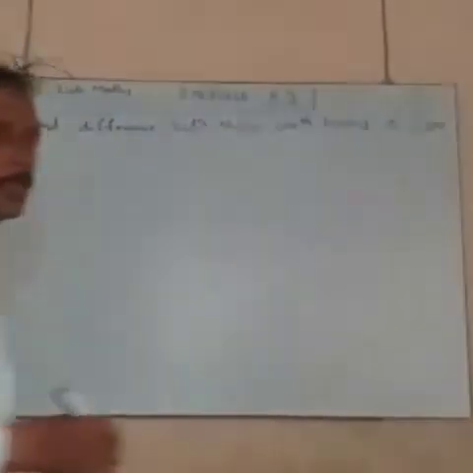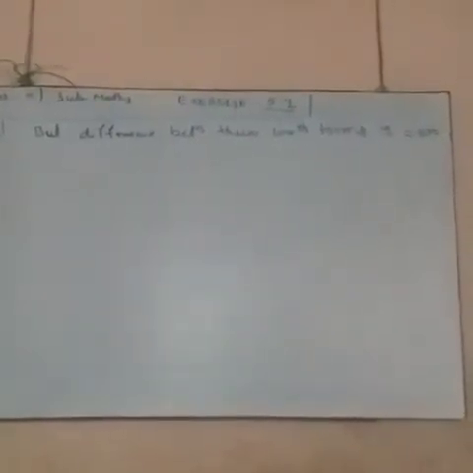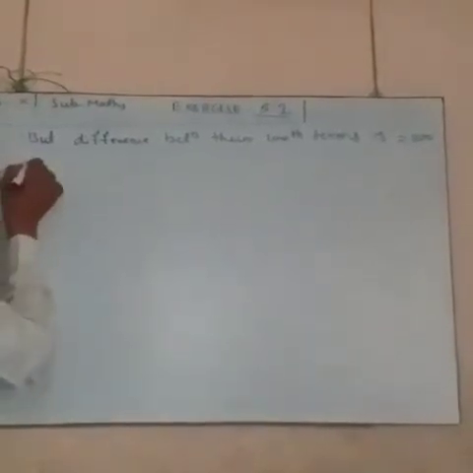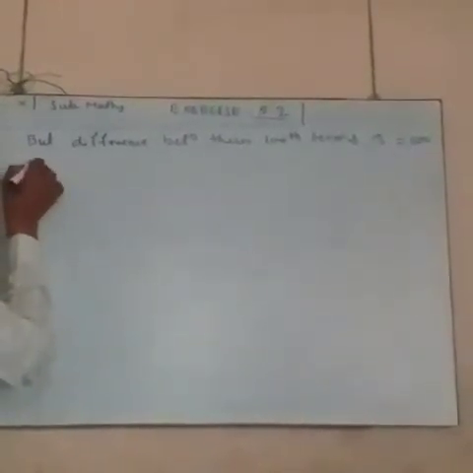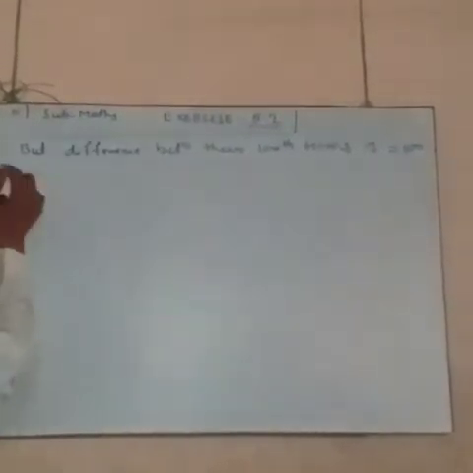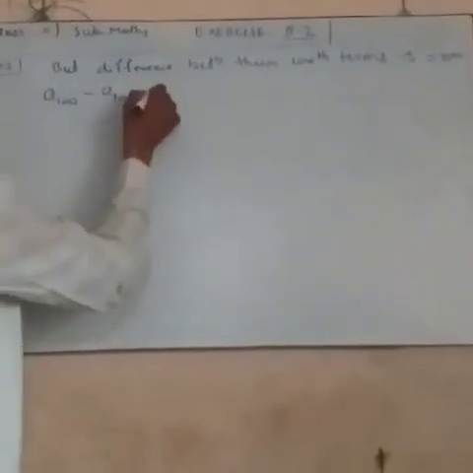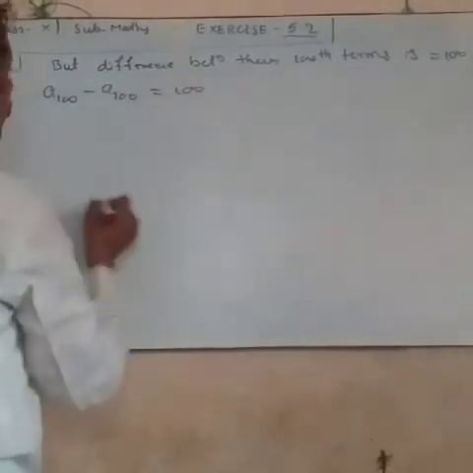It is given in the question. Therefore, the 100th term of second AP, A100 of second AP, minus A100 of first AP is equal to 100.